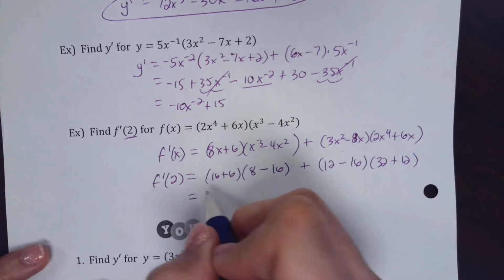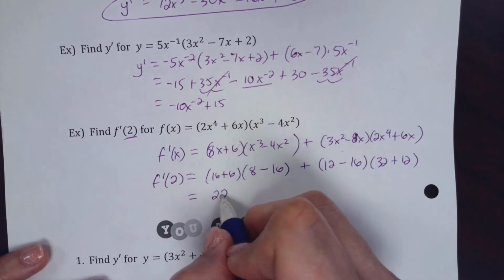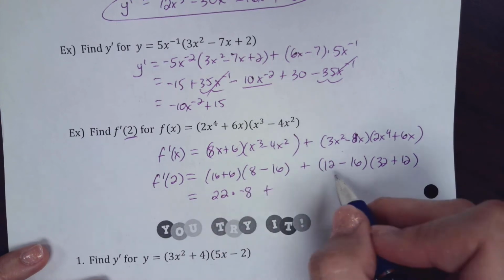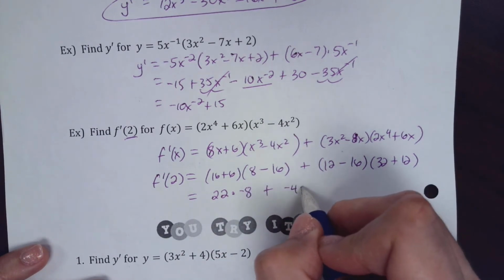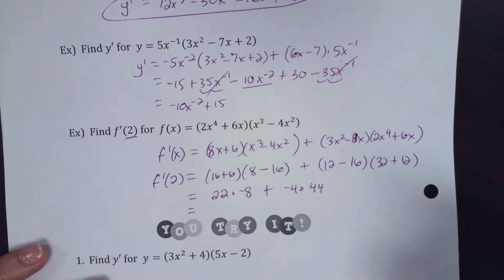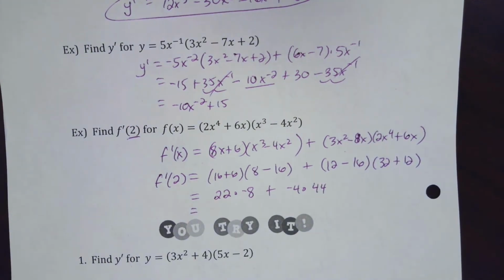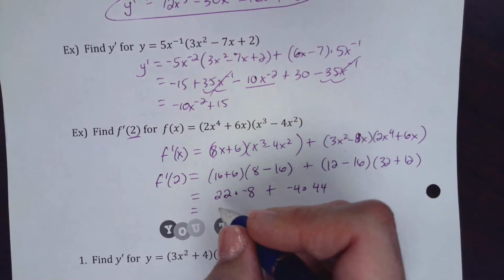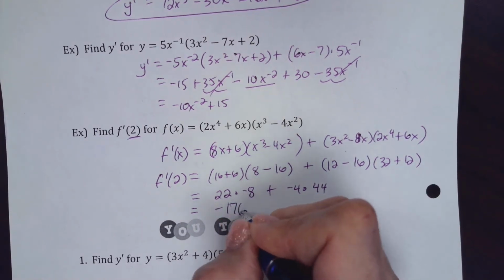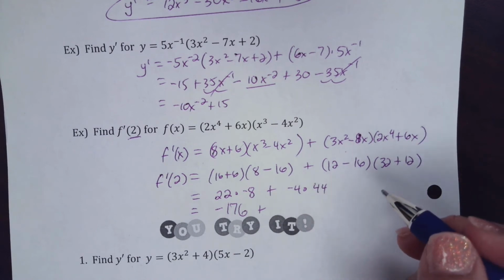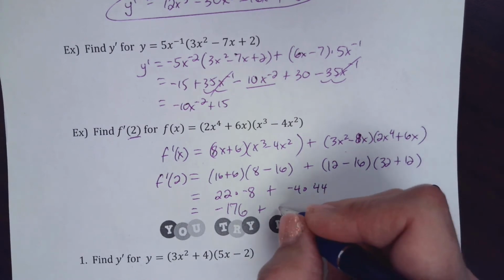Okay, so let's see, we got 22 times negative 8 plus, that would be a negative 4 times 44. Oh goodness, I don't have my calculator with me. Let's see, 160, 176, and 160 is 176.